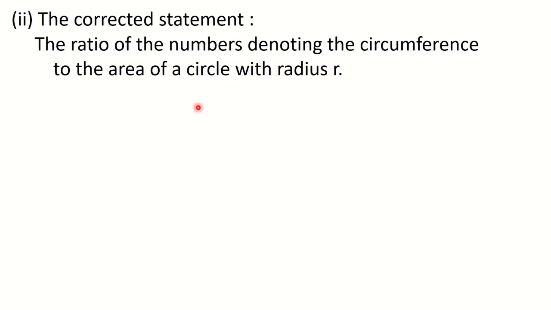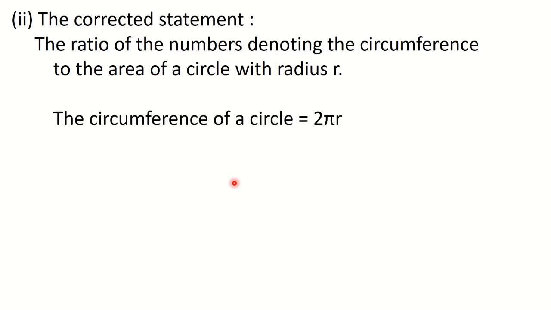Okay. So again here let us take the radius as r, which is given to us. So from that we can write down the circumference as 2 pi r and the area as pi r square. Okay. Circumference is 2 pi r and area is pi r square. Now we want to find the ratio of circumference to the area.